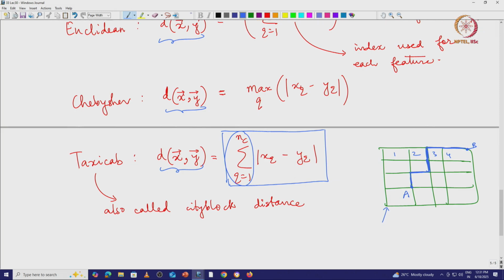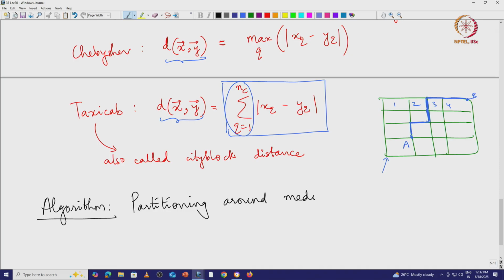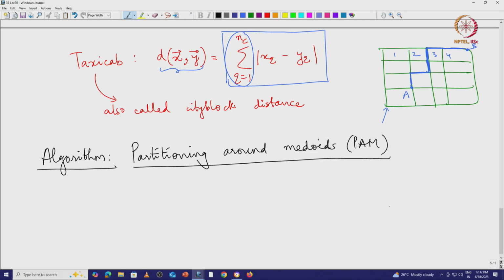Okay. All right. So, this is the basic gist of K-medoid clustering. How is this done? Let us delve a little bit into that. The algorithm to achieve K-medoid clustering is called partitioning around medoids, PAM for short. How you do this is, the steps are somewhat similar to K means clustering.